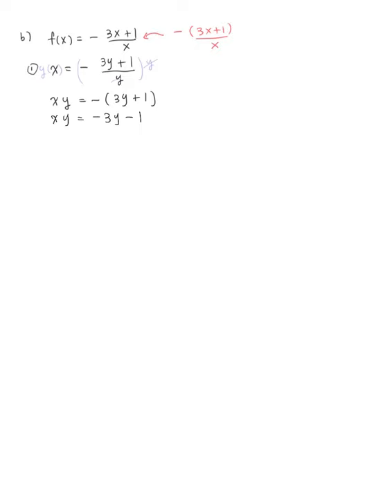Now remember, you're trying to solve for y, so bring all the y's onto the left hand side by adding 3y to both sides. Then here what we're going to get is xy plus 3y equals negative 1. Now can I solve for y equals something? I think I can, because can I not factor out the y?